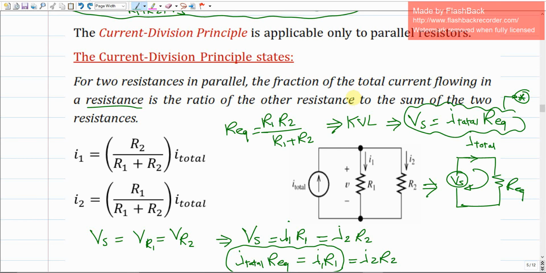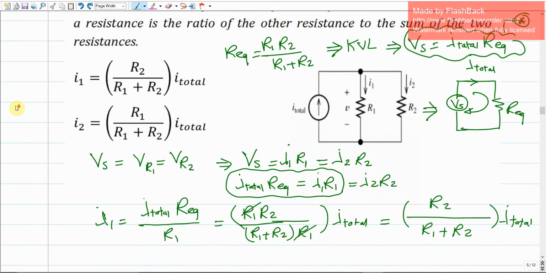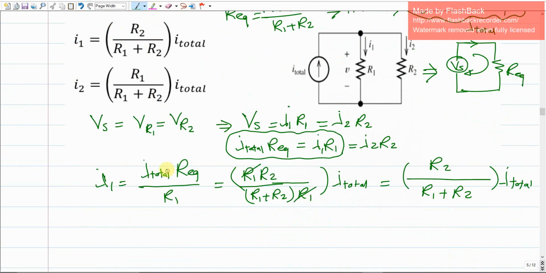So again, which is very simple, if I ask you how much is I1, you're going to tell me it should be R2, the other resistance, divided by the sum of the two resistances, R1 plus R2, times the total current. This is going to give us I1. How much is I2? It should be R1 divided by R1 plus R2 times the total current, the sum of these two resistances. Make sense? This is the current division principle and the voltage division principle.